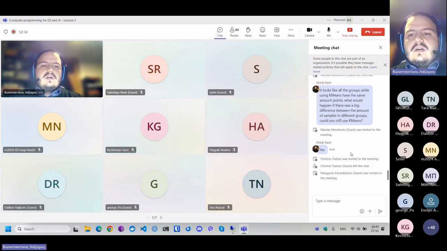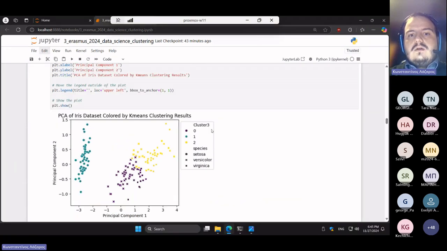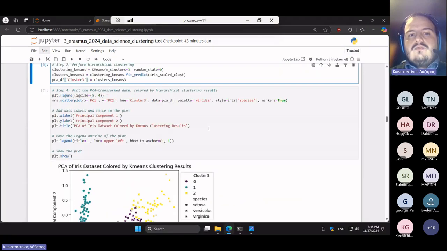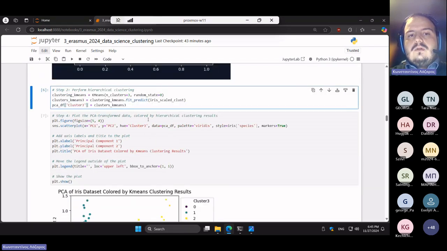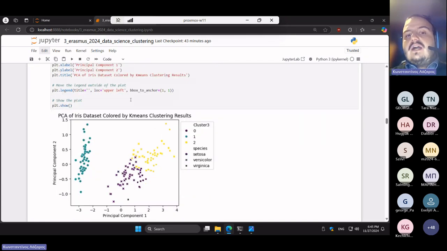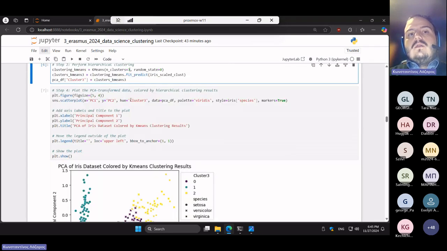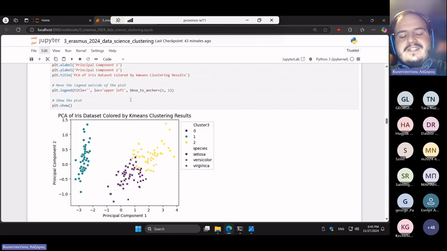Okay. So the other question is, how do we actually choose a specific value for k? For example, why did we use k equals 3 here in the context of Iris? Why didn't we use 4 or 5? One of the things that we have to make clear about machine learning is that in a lot of cases, it's more like cooking.